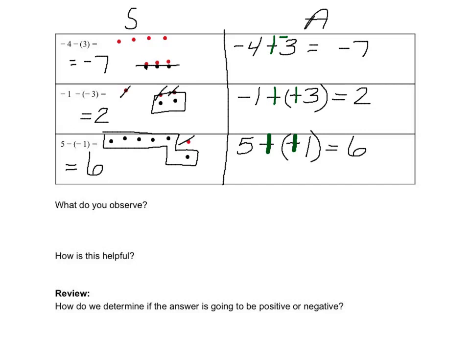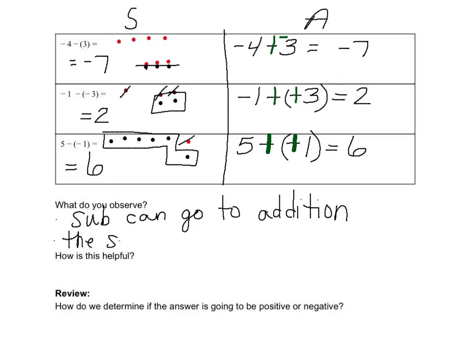All right, so what do you observe? First of all, that subtraction can go to addition. And that the second number must go to the opposite.